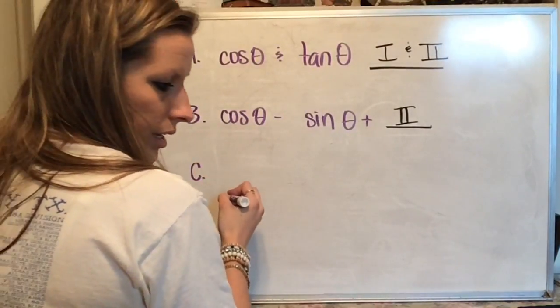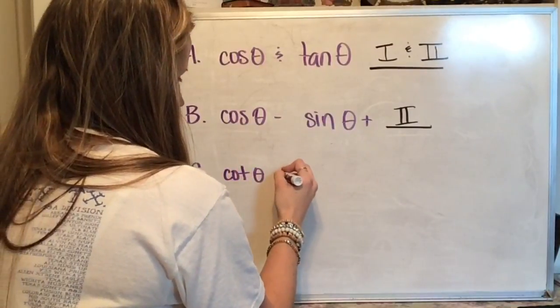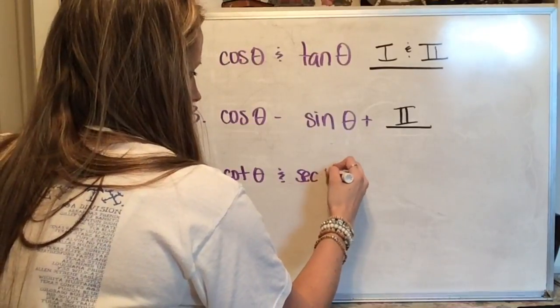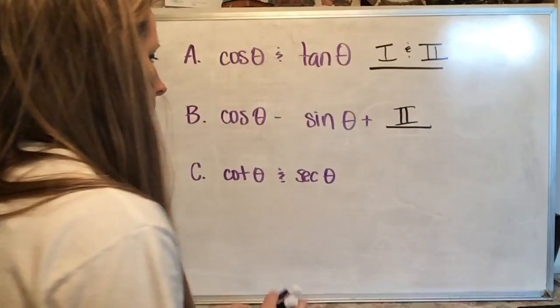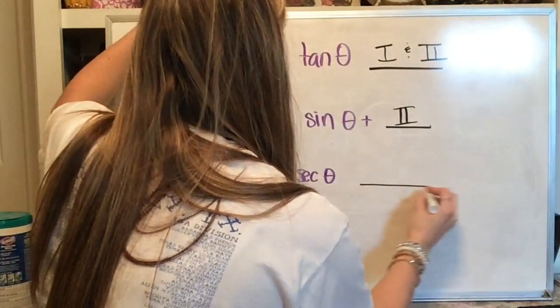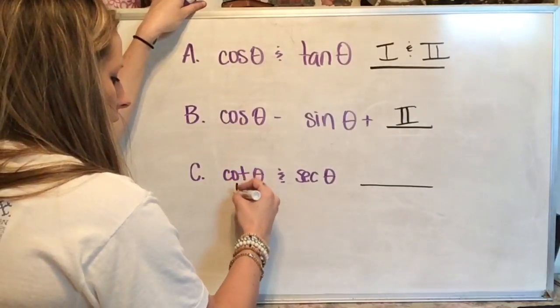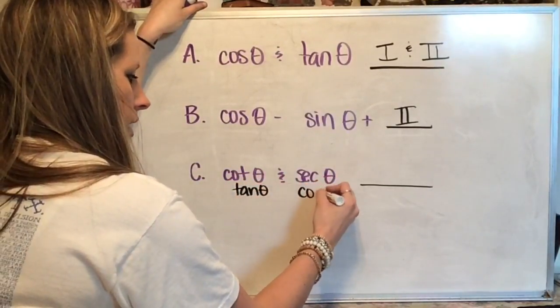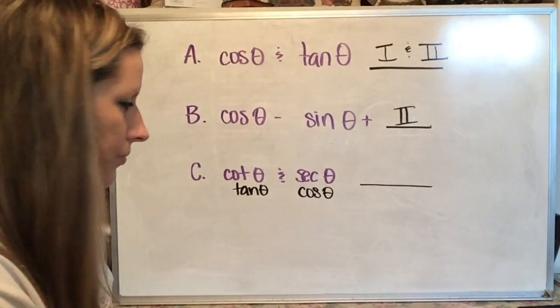Okay, on C, cotangent and secant, they have opposite signs. Okay, so one's going to be positive, one's going to be negative. All right, so whenever I say cotangent, that's the same thing as tangent when we're talking about positive or negative. Secant would be cosine. So when do they have opposite signs?